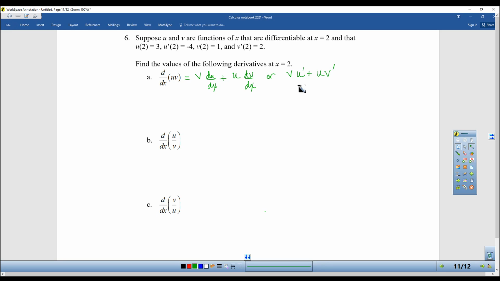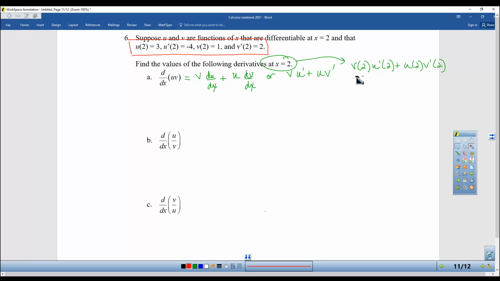So I really want it to look like this: v of 2, u prime of 2, plus u of 2, v prime of 2. And they gave us that, that's what's up here. Sometimes you're not going to have a function, you're just going to have a theoretical question.